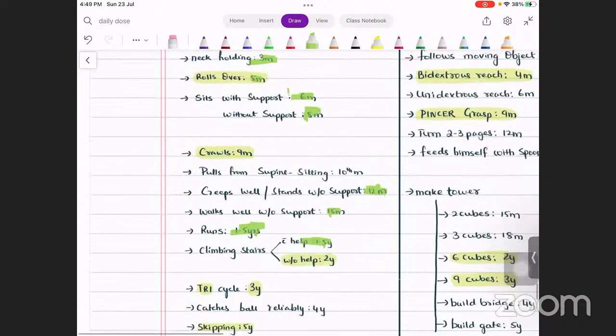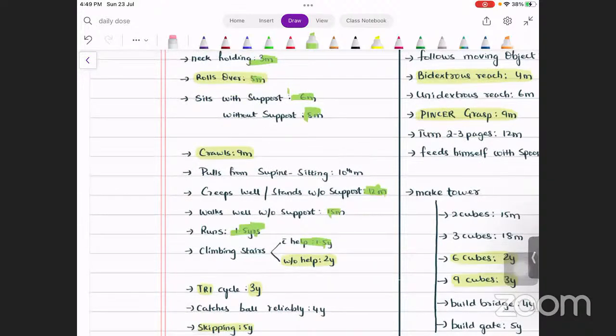So what are the motor skills? Neck holding 3 months, rolls over 5 months, sits with support 6 months, without support 8 months, stands without support by 12 months, walks without support by 15 months, runs by 1.5 years, climbs stairs without support by 2 years, tricycle by 3 years, catches ball by 4 years, skipping by 5 years.